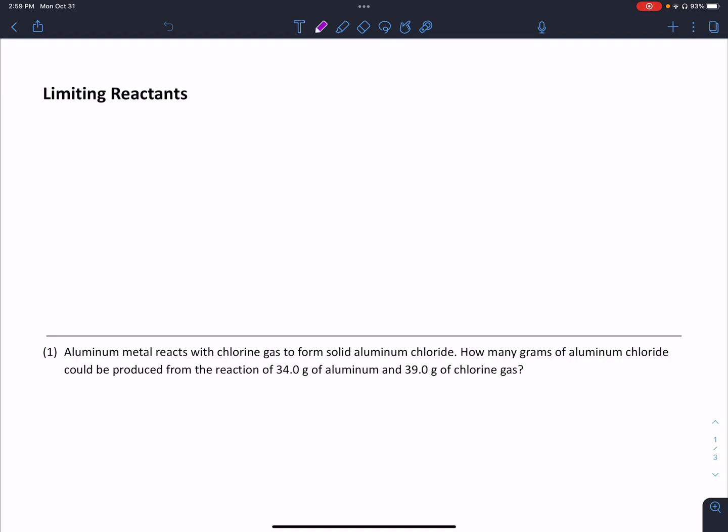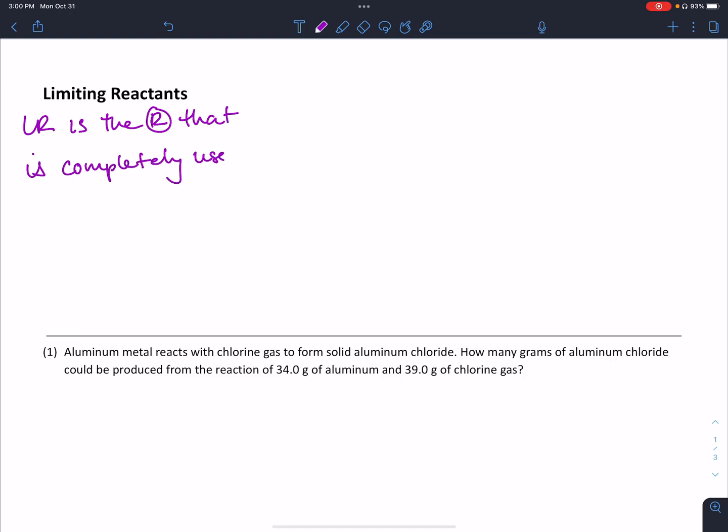This one is going to be focusing on limiting reactant problems. Now, as we've talked about in class, a limiting reactant is the reactant that is completely used up in that reaction. All right, we did a couple analogies.